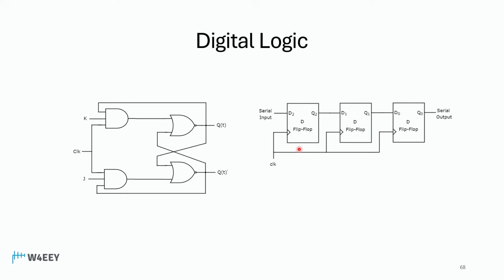So here we've got our 3 flip-flops, and every time we clock this, it's going to move forward. This is a picture of the gates that comprise a flip-flop. We've got 2 AND gates here, a clock signal, a J and a K signal. And you can dig into that a lot more if you want to Google it or look at the supplementary material. This is how they're configured.